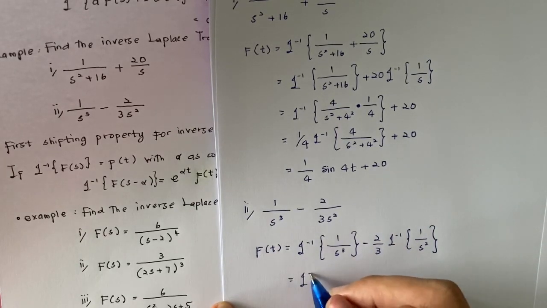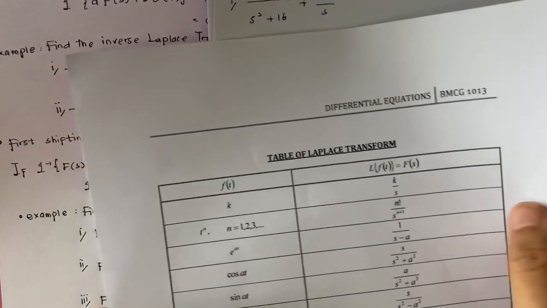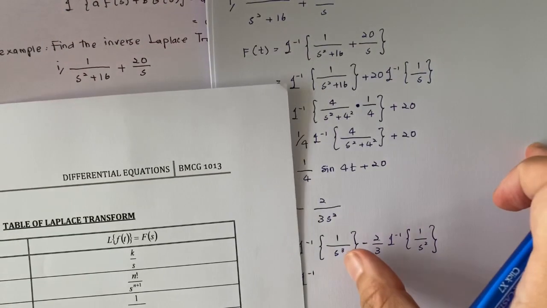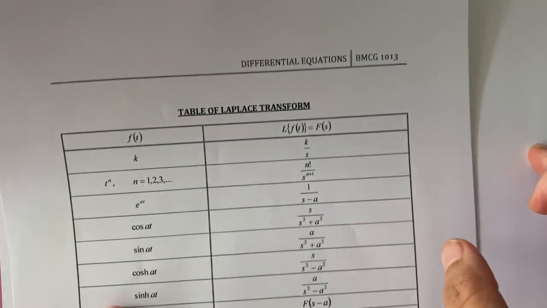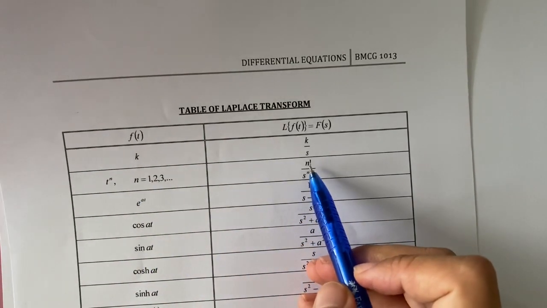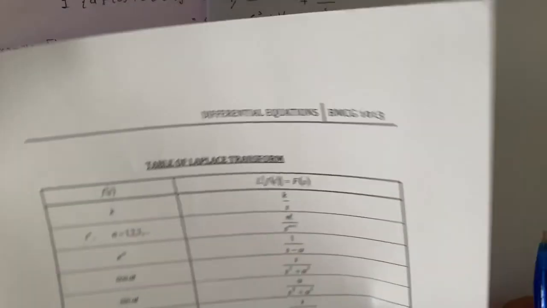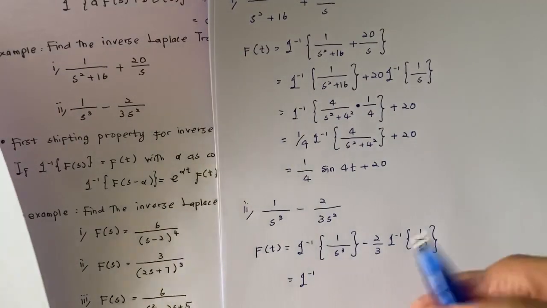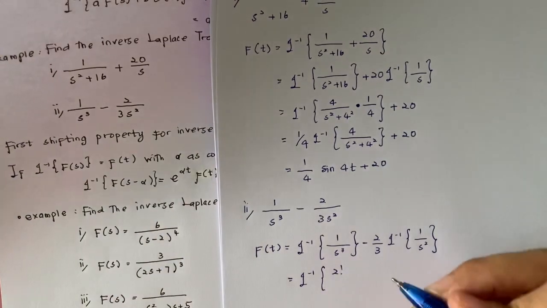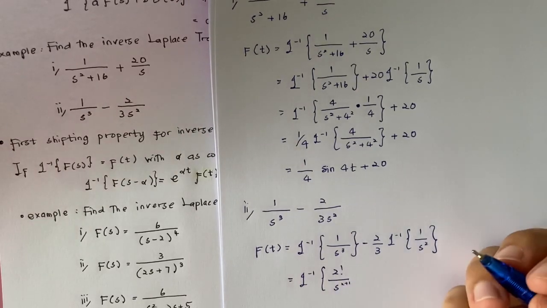So from the table, the first F(s), which is 1 over s cubed, looks similar to t^n, where you have n factorial over s^(n+1). So for this one, you have 2 factorial over s^(2+1).